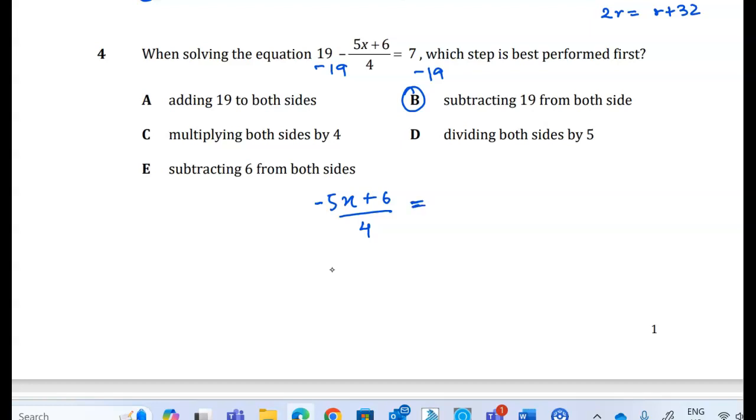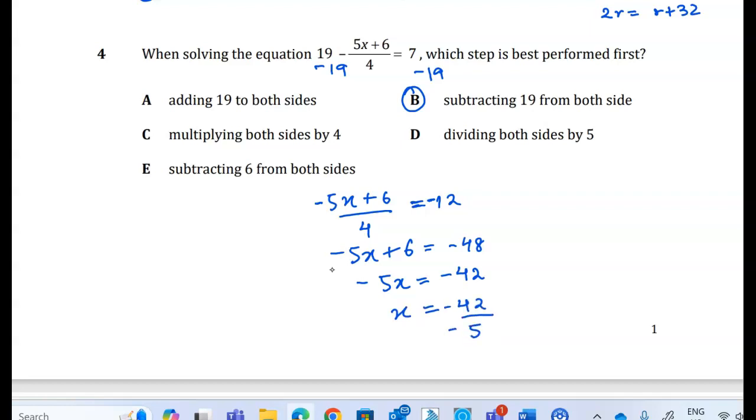So 7 minus 19 will be minus 12. Then take 4 to the other side. Minus 5x plus 6 will be equal to 12 times 4, which is minus 48. Minus 5x will be minus 48 minus 6, which will be minus 42. X will be 42 over 5.